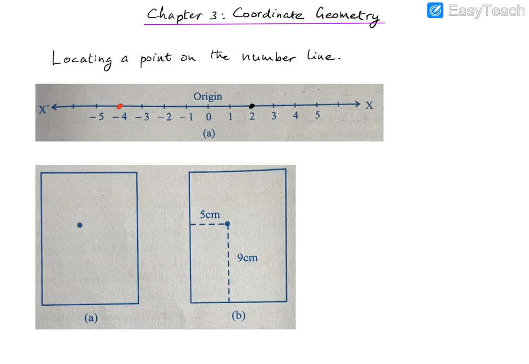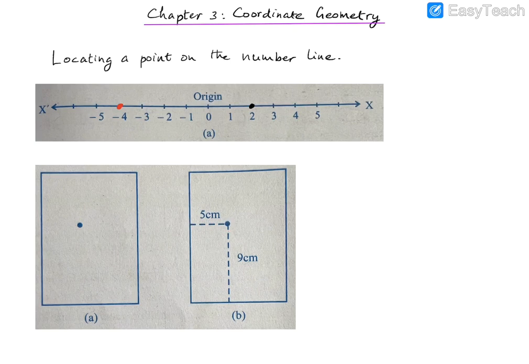One way of doing it is to represent that point using the distance of that point from the left vertical edge and the bottom horizontal edge. How far is that point from the left vertical edge? The distance from the left vertical edge to the point represents one particular coordinate. So let's say it is 5 centimeters. So we say the point is 5 centimeters from the left vertical edge of the paper.